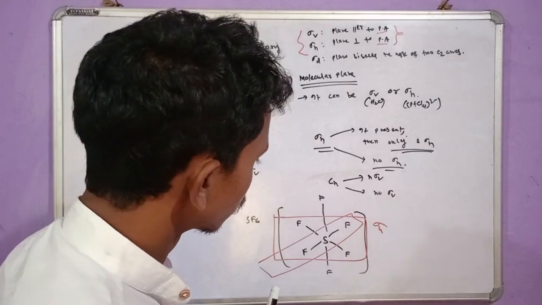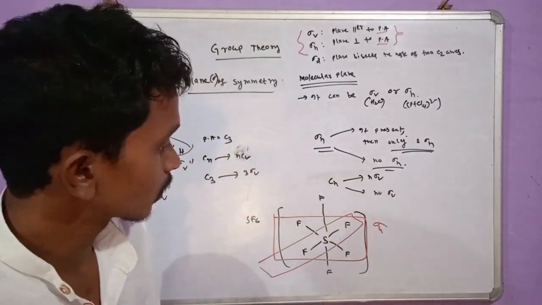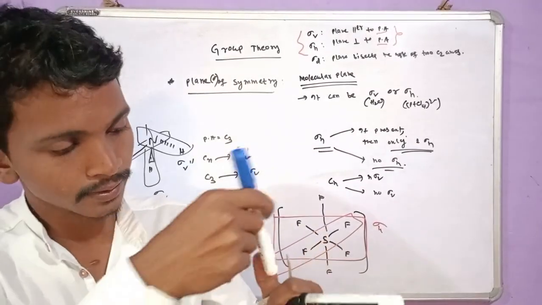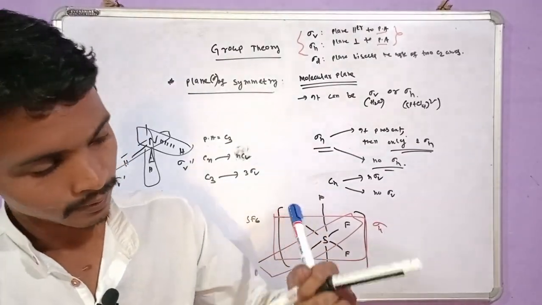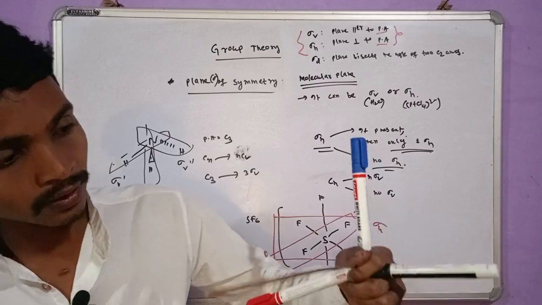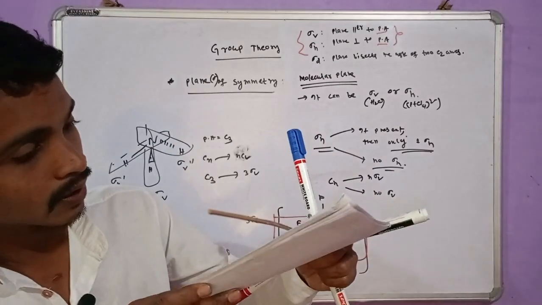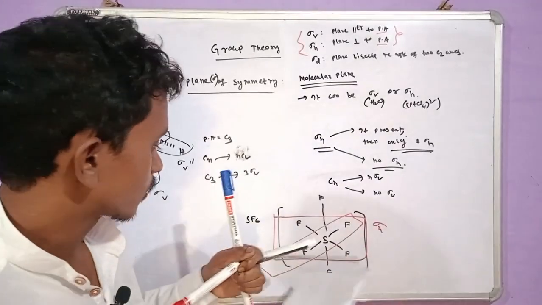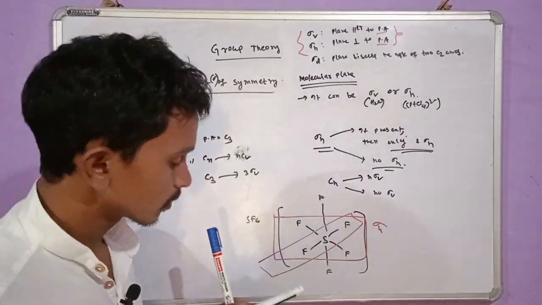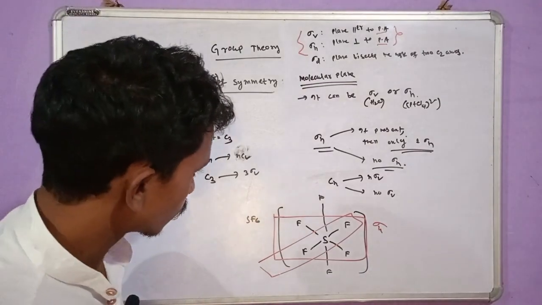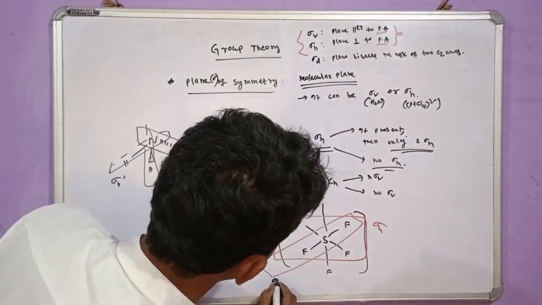They are not perpendicular to the principal axis, because if I cut like this, these are parallel to the principal axis. That's why these are sigma v.